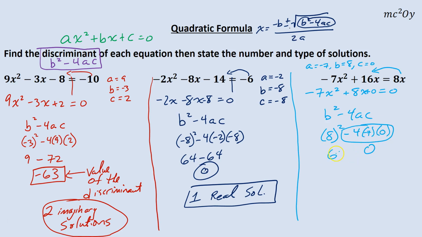So I just get 64 from the 8 squared plus 0, which is 64. That's the value of my discriminant. And since it's positive, I have two real solutions. All right, and that would mean it would be opposite of b plus or minus the root of a positive, so I'd have to do the plus and the minus piece.